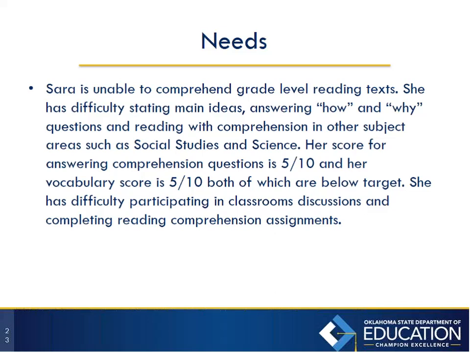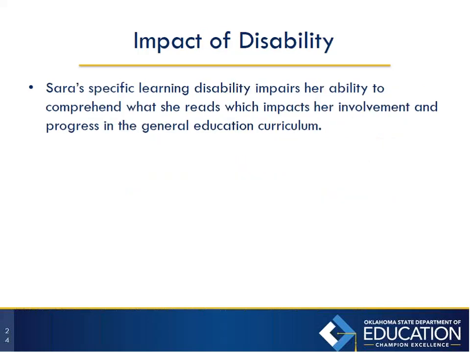And because of her reading comprehension difficulty, she has a hard time contributing to discussions and written assignments. So the impact of her disability is that it impairs her ability to comprehend what she reads and impacts her involvement and progress in general education curriculum.